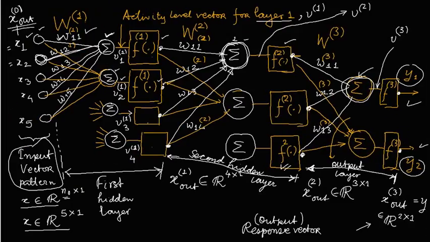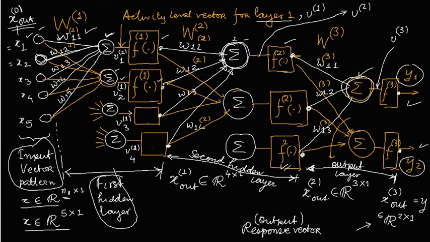N2 in our case, you can see here, N0 is 5, so N2 here is the second layer, and this is the first hidden layer.